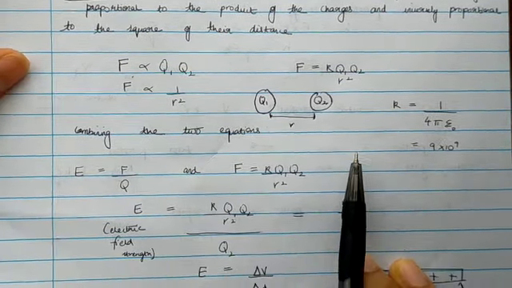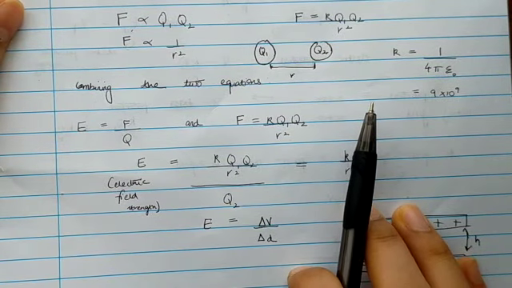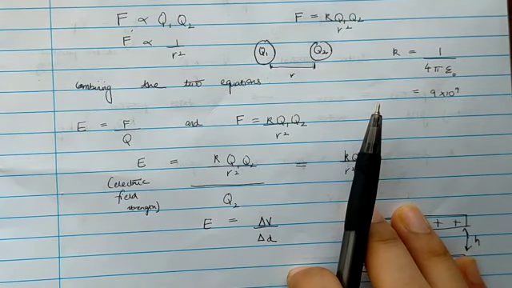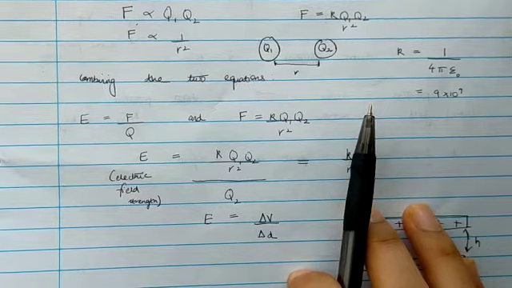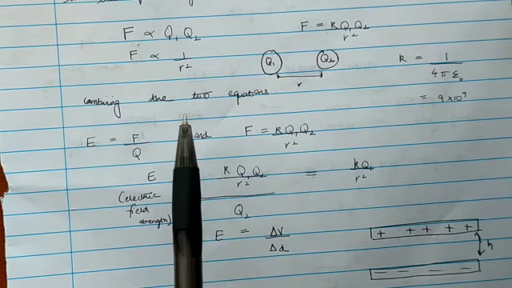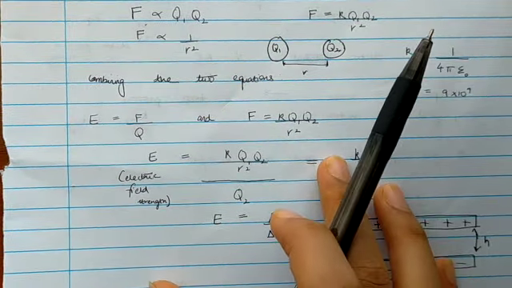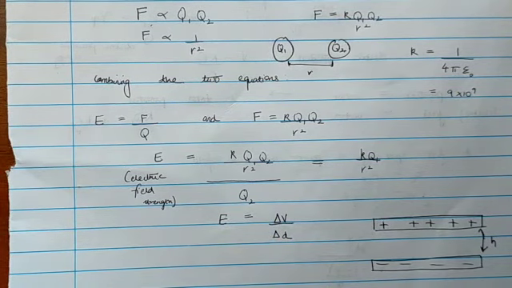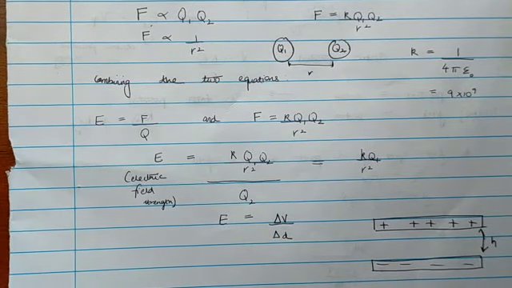That is a very, very useful relationship that we should remember, and this is one of the bases of electric fields and all of the concepts that we've defined in electric fields.